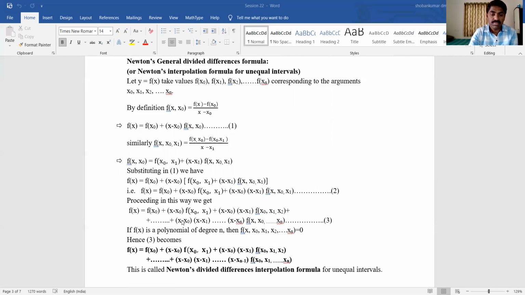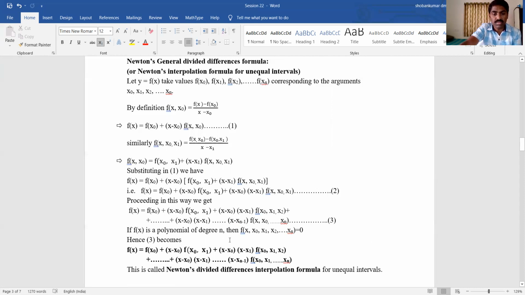The last term is x minus x0, x minus x1, and so on up to x minus xn minus 1, into f of x0 x1 and so on xn. This is 3.